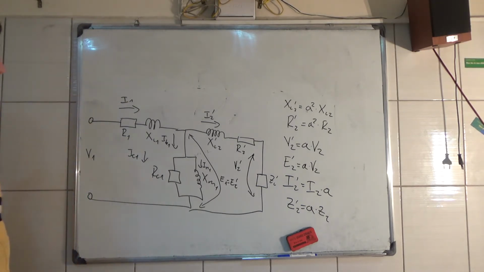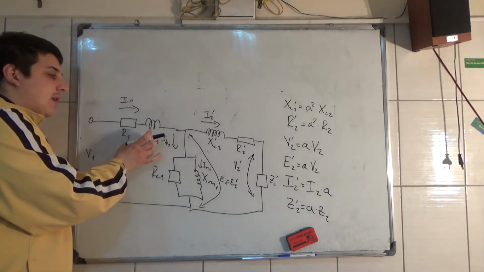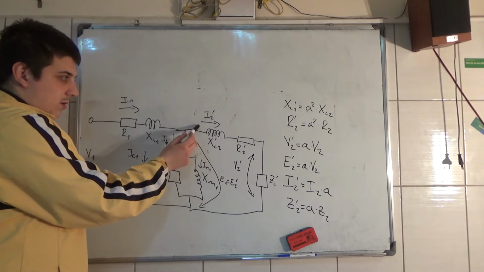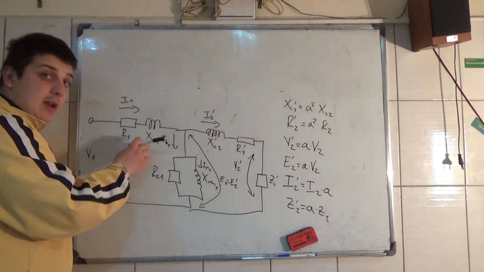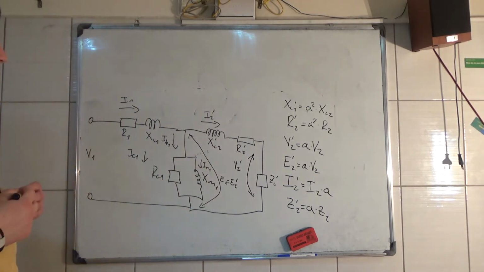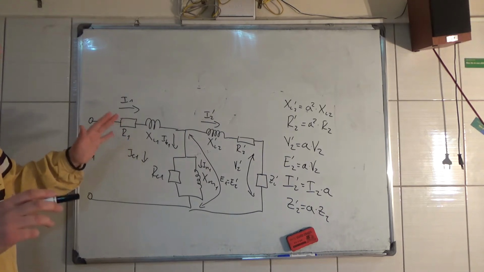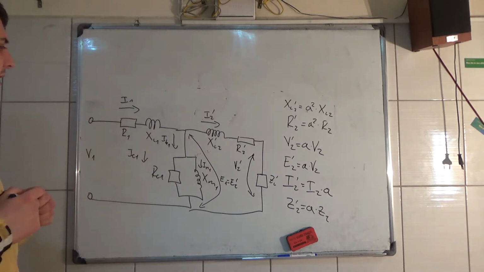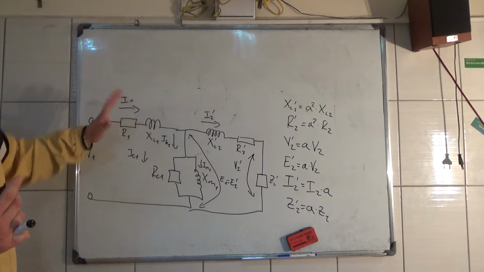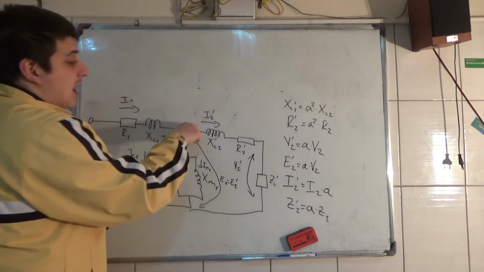If that is the case, which it usually is, we can transfer R1 and XL1 to this branch here, because the voltage drop on the resistance and the reactance, though we don't really have drops on the reactance, that's reactive power, but the voltage drop on this impedance over here is very, very small, and if that is the case we can transfer this to the other branch.